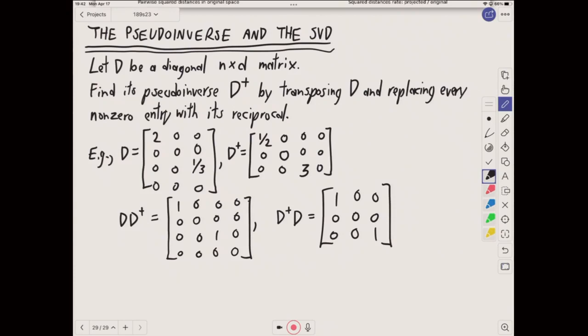And thirdly, the non-zero rows will correspond to the non-zero rows in D and will also correspond to the non-zero columns in D+. And likewise, if you get a row that's 0, that's corresponding to this 0 row here and this 0 column there.